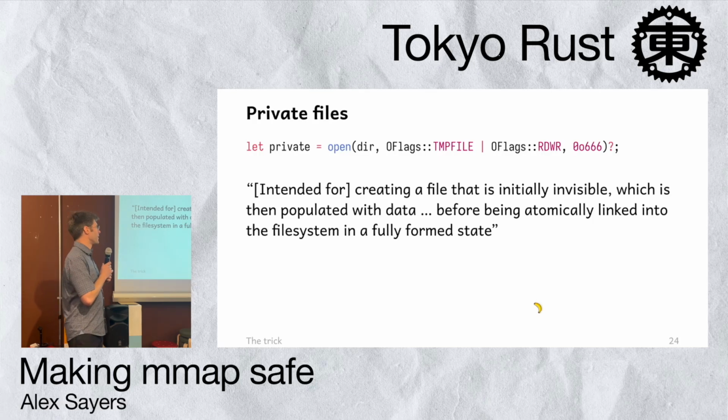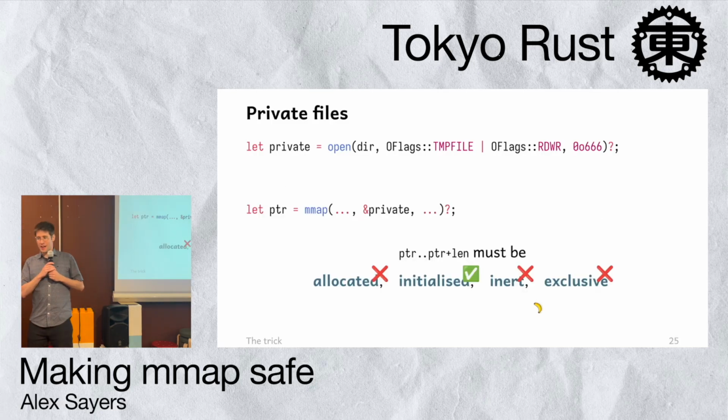So the only way of modifying the contents of that file is through this file descriptor that you have here. So I propose that mmapping such a file is actually safe.